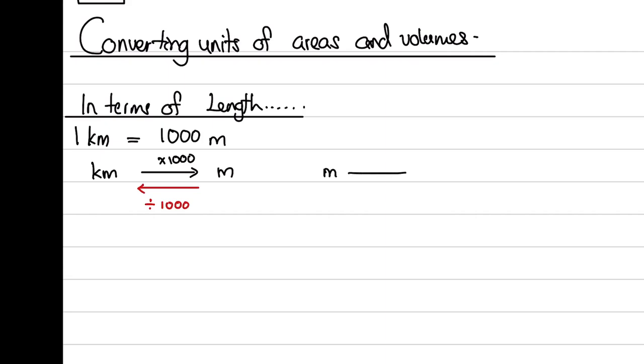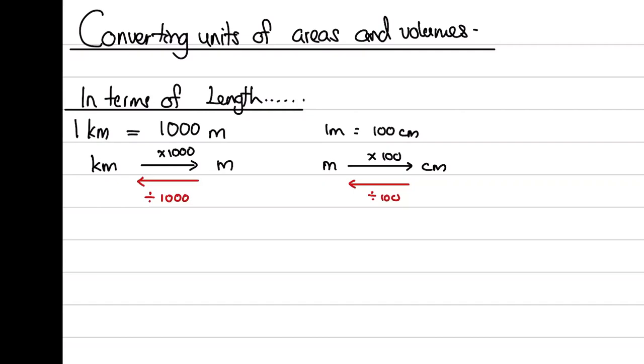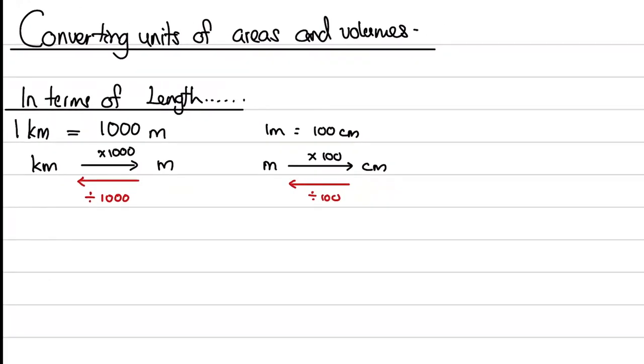Meters to centimeters. 1 meter is 100 centimeters. So times 100. When it comes back, we divide by 100. This is the metric system, which is extremely easy. And the last one that we need to know is 1 centimeter converted to millimeters.